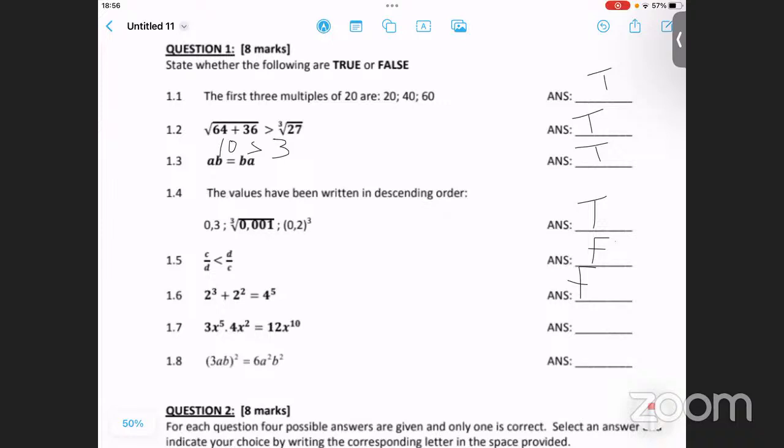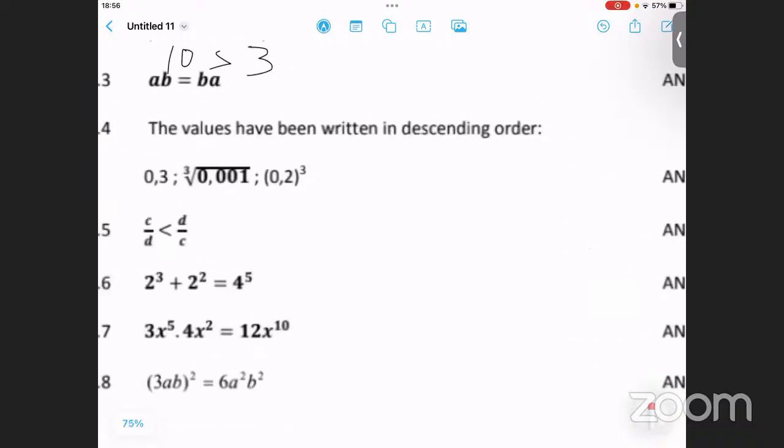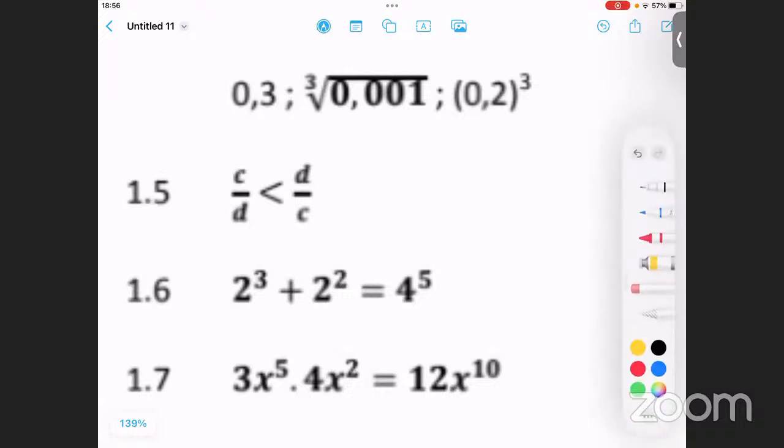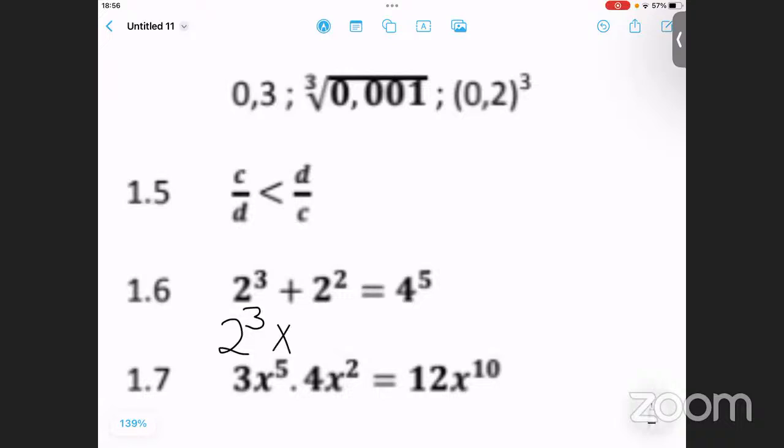Yes, ma'am. Wait, Zira, I need to understand you. What are you saying? I'm saying if we were to multiply and not add, would it give you the answer 4 to the power of 5? Oh, 2 to the power of 3 multiplied by 2 to the power of 2. Are you asking if it was going to give us 4 to the power of 5? Yes, ma'am.